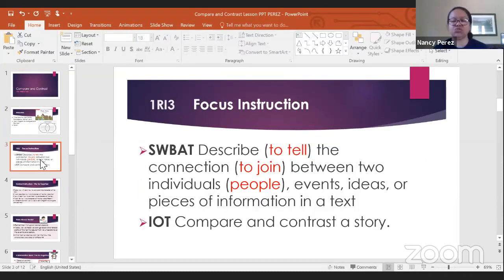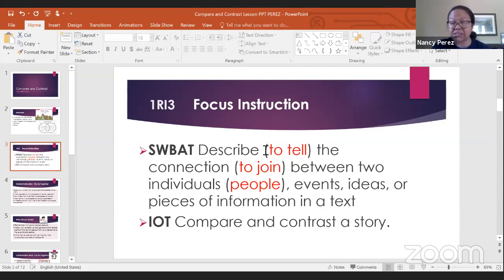The focus instruction is, remember we did this in the classroom every day before I start a lesson. We will read the standards. I will read the black letters and you will read the colorful letters. So we're doing the same thing that we do in the classroom, okay? But just through this video. It says student will be able to describe. You're going to tell. And how can you describe?